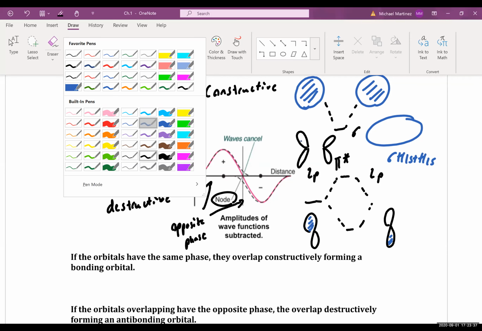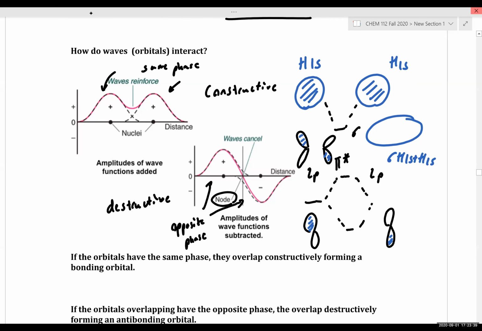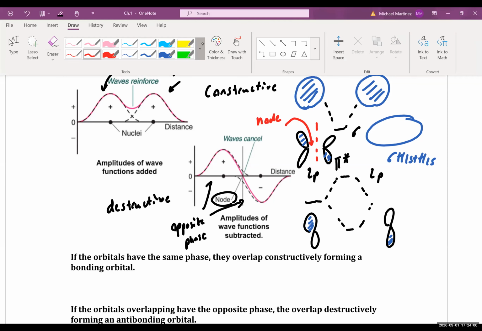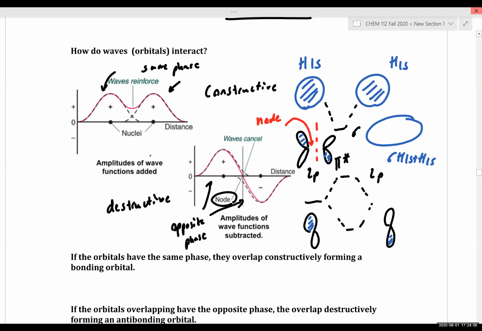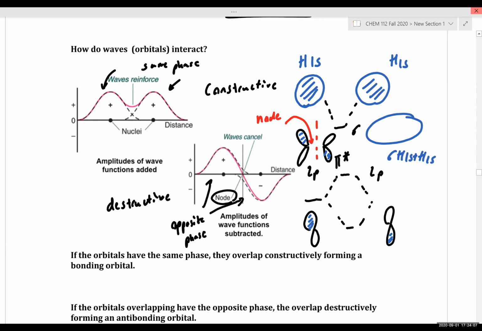There is a node between our two atoms, and that's why we often denote our node with this vertical dashed line. Does everyone see in this pi star orbital how there's no electron density shared in the middle of our two atoms? Perfect. That's a key feature of destructive interference or an anti-bonding interaction.